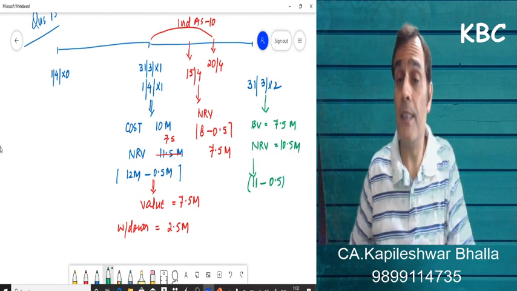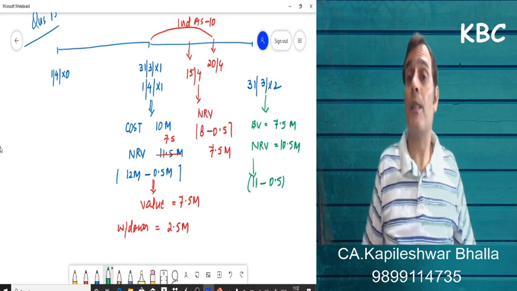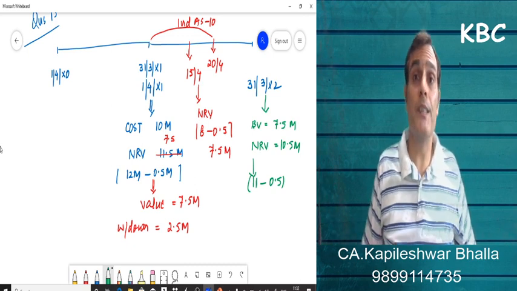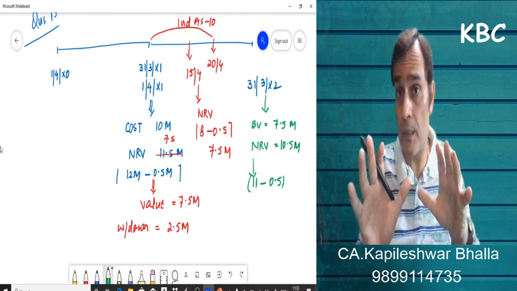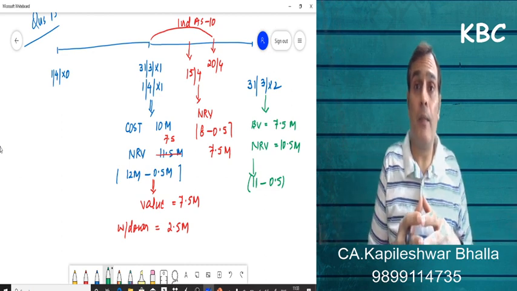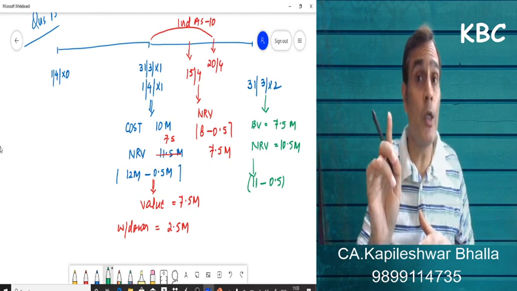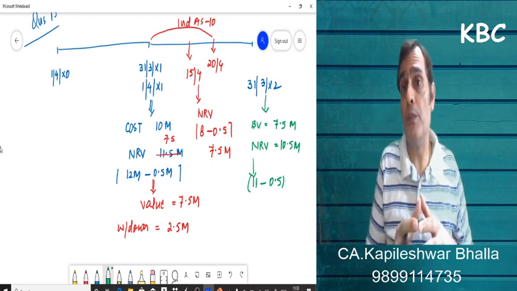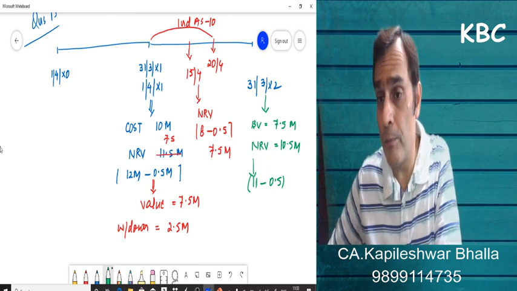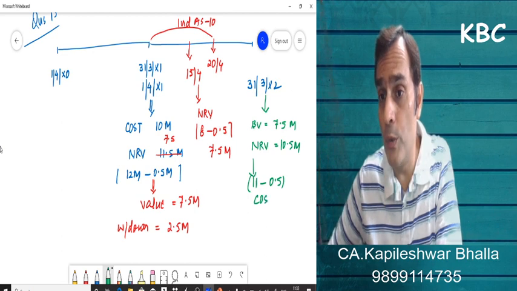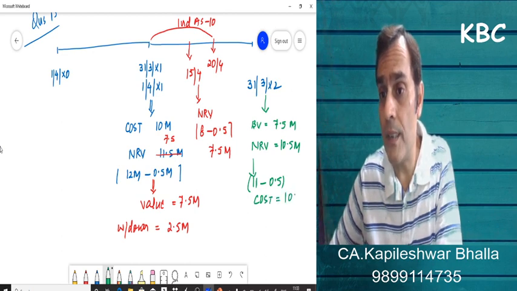But as we decided earlier, we will not compare the book value versus NRV. On a subsequent balance sheet date, you would apply the concept of para 9, not comparing the book value of the inventory versus NRV. You would compare the original cost, which is 10 million, versus the NRV.